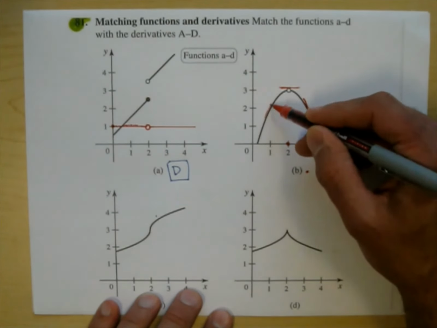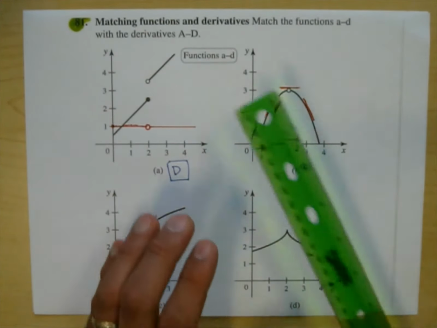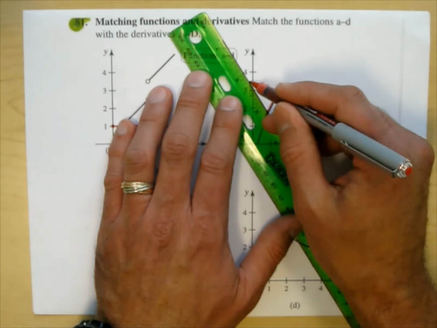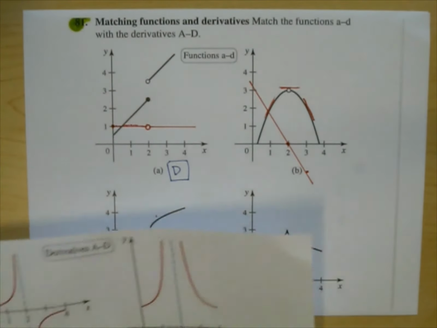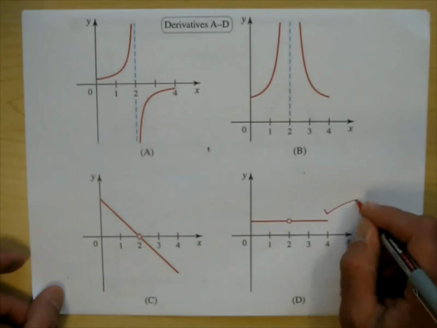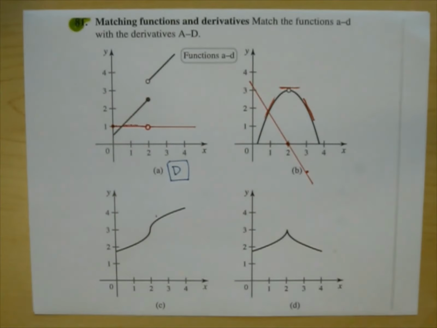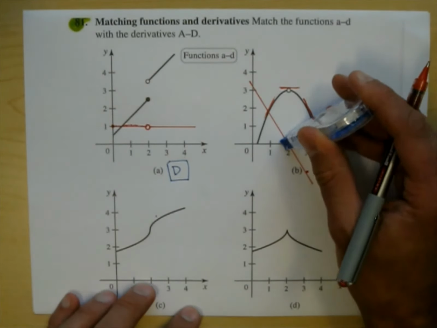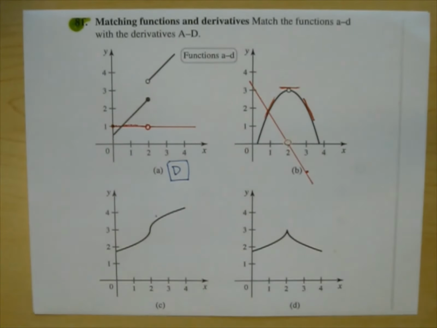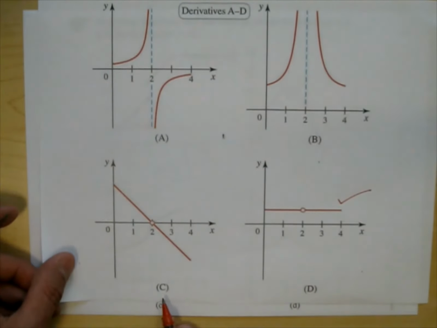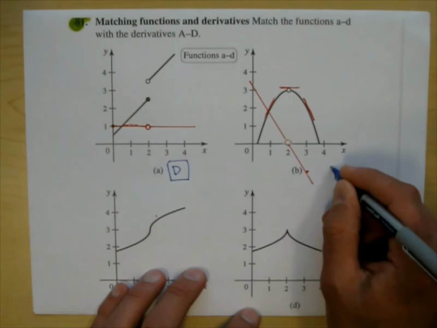And at 1 it looks like it's a positive slope, like a +2. And remember, the derivative of a parabola is a line, so this derivative graph's probably going to look like that. And do we have any graph? We've already eliminated this one here. Do we have another one that looks like a line that has a hole there? Yes, that one right there. And of course, I forgot to put the hole there. The function is not differentiable at that hole, so I'll put a hole right there. And so this one right here looks like it. This is graph C. So C is the answer for this one.